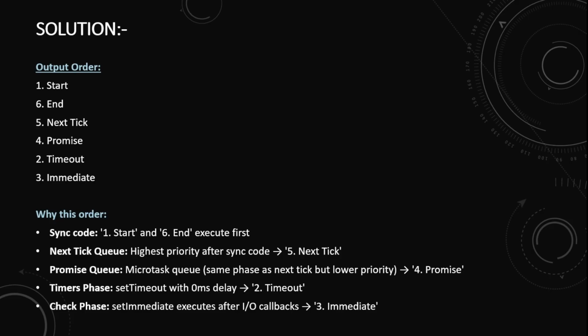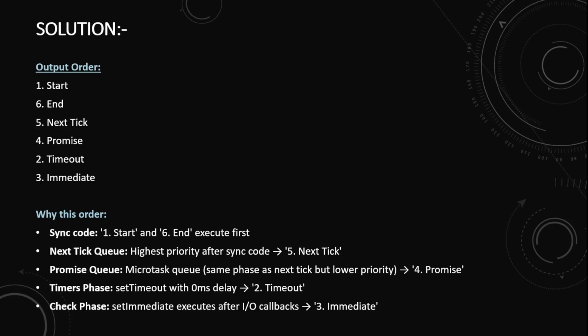The first and sixth console logs printed immediately because these were synchronous commands and hence Node.js executed them immediately. The second and third were callback functions. The second one was registered as a callback in the timers phase, and the third one, the setImmediate function, was registered as a callback in the check phase of the Node.js event loop phases.